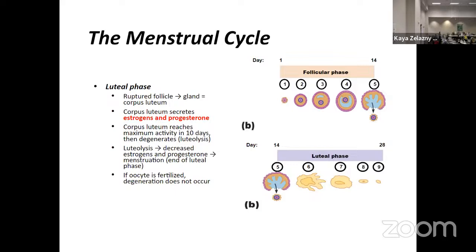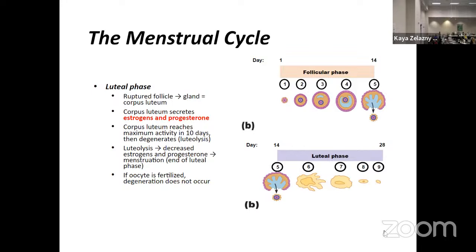So we will later be looking at maps of these hormones and how they're mapping on and triggering each other as well. During the luteal phase, this follicle that's ruptured is becoming a gland called the corpus luteum, which is secreting estrogen and progesterone, okay? But it's also getting smaller as it dies away. Its maximum amount of activity, and by activity, we mean hormone production, happens in about 10 days.